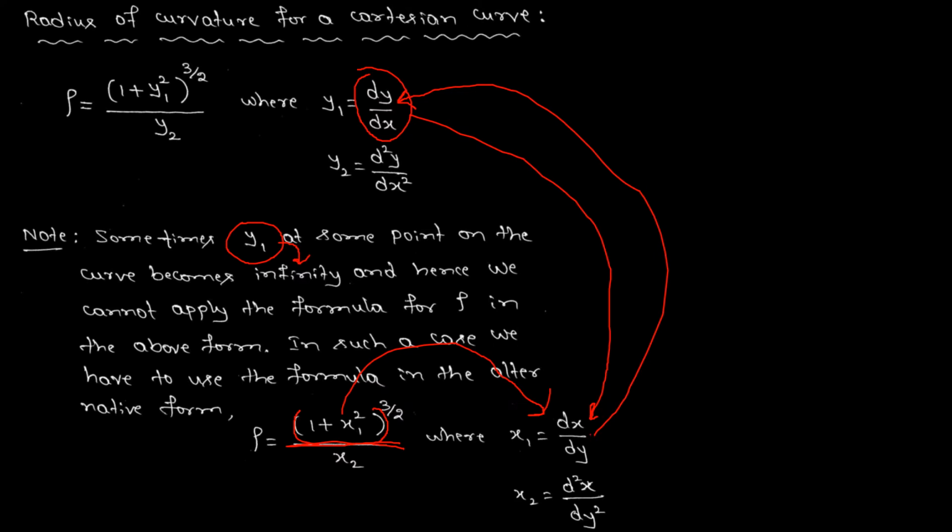Then you differentiate that once again with respect to y, you will get x2, that is d square x by dy square. Then substitute the values of x1 and x2 at a given point in this formula to get the required radius of curvature.